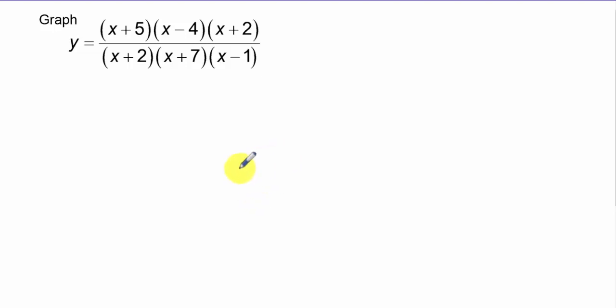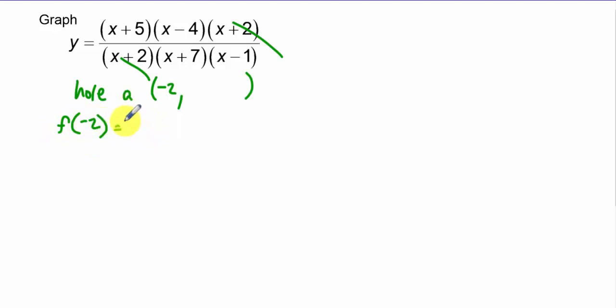And here's another situation. Notice I've put these hole examples already pre-factored. That's not always going to be the case. You might have to factor polynomials first to see that you're going to have like factors. So again, these two reduce out, and you know you have a hole at -2 and whatever f of -2 is.